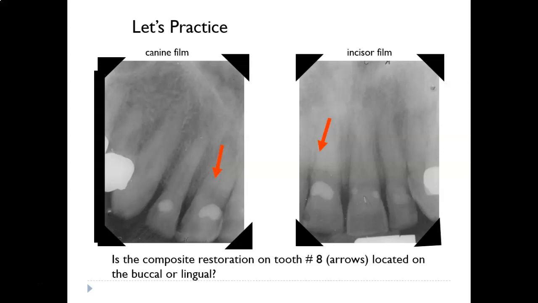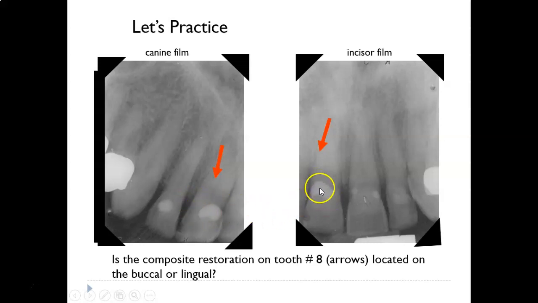So if you have angled your beam more mesial, and then you notice the location of this composite went from this side over to more toward the mesial as well, so they moved in the same direction, then that means your composite is actually on the facial surface.